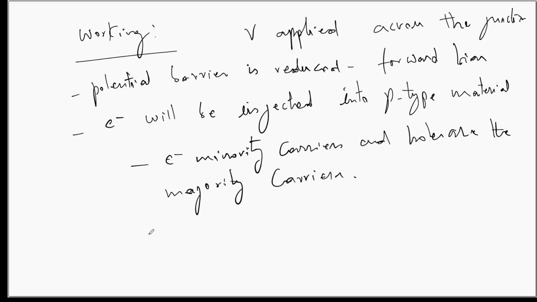So the process of transmitting electrons from n-type material to the p-type semiconductor side is called as minority carrier injection. This is possible because the electron's mobility is high.